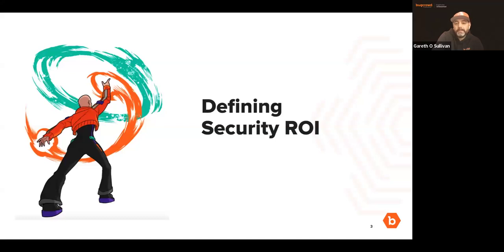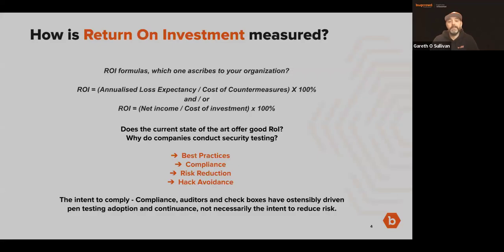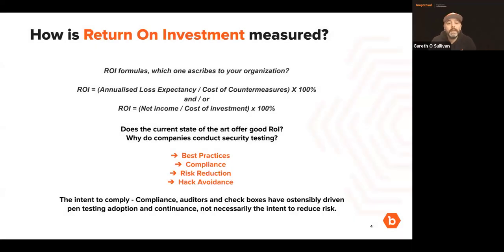So first, let's take a look at defining security ROI. It may mean different things to different organizations. I think most people understand the concept of return on investment, and there are a range of different formulas out there that you could potentially ascribe to your organization. But ultimately, ROI may mean different things to different organizations.